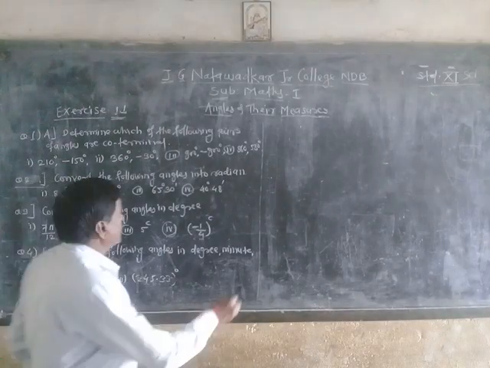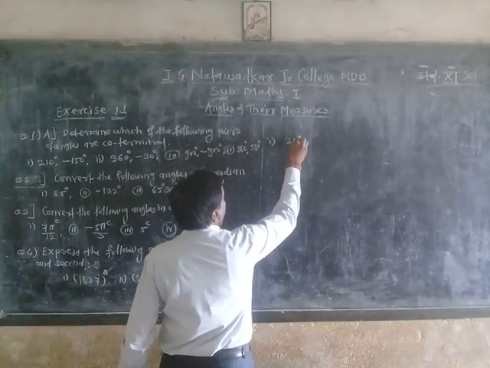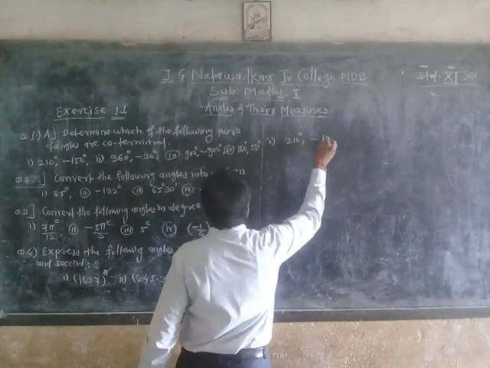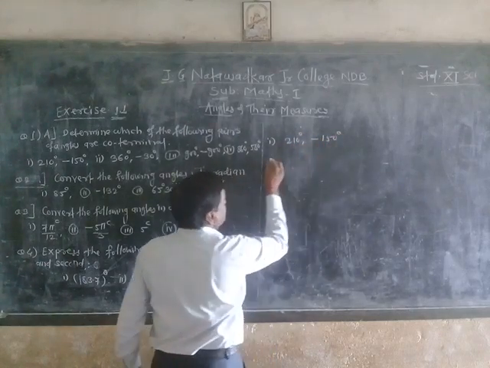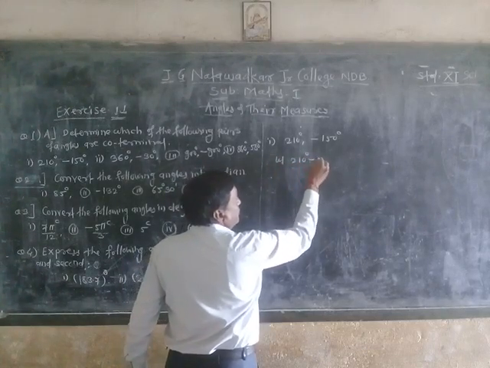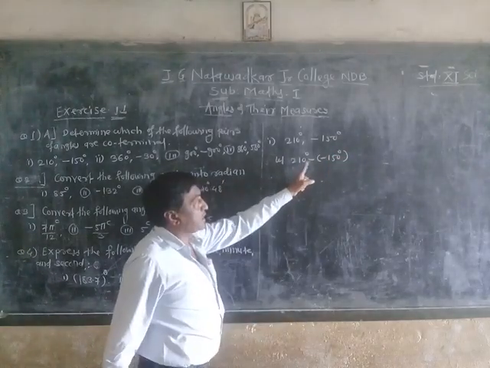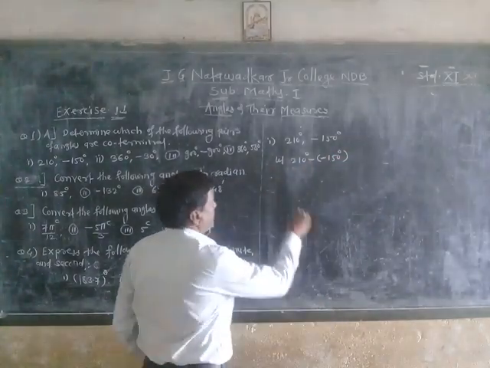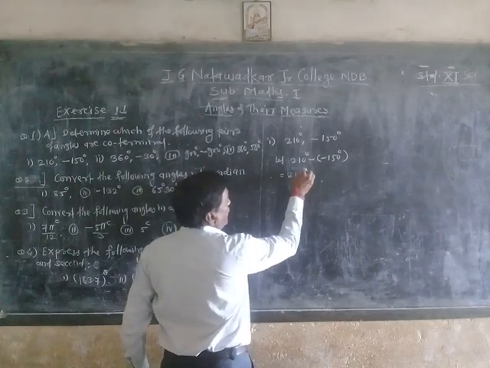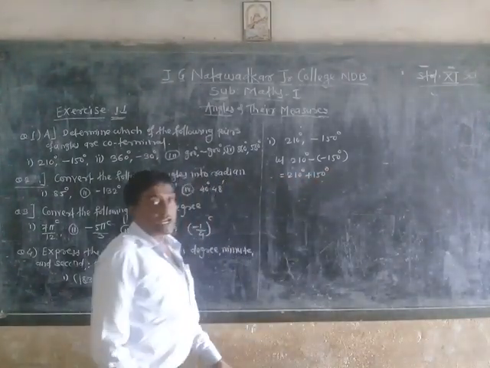So now I will take the answer of the first: one measure is given as 210 degrees and another measure is minus 150 degrees. So I will consider the difference: first angle measure minus second angle measure. Simplify this: 210 degrees minus minus 150 degrees, that is 210 degrees plus 150 degrees.